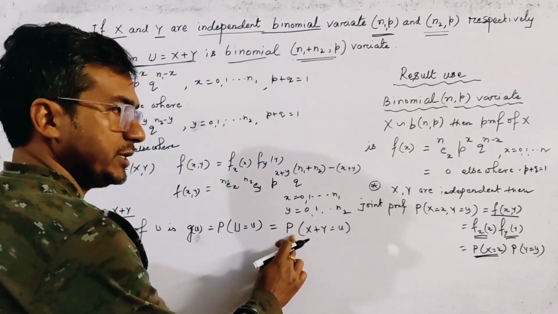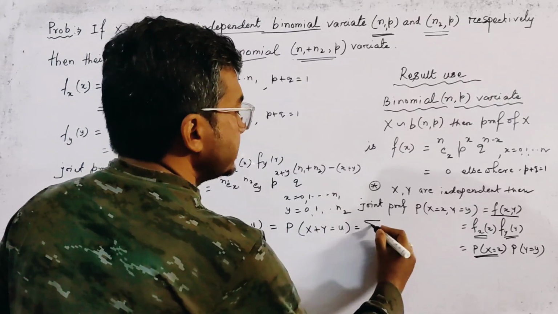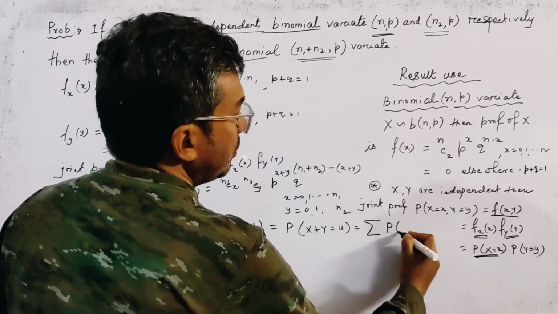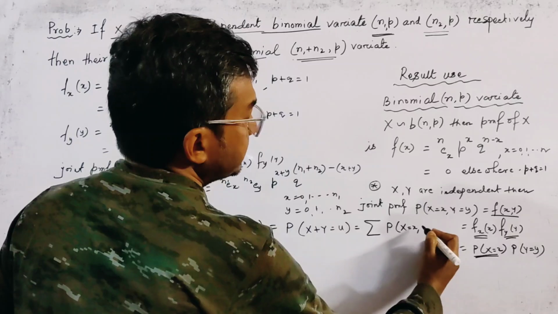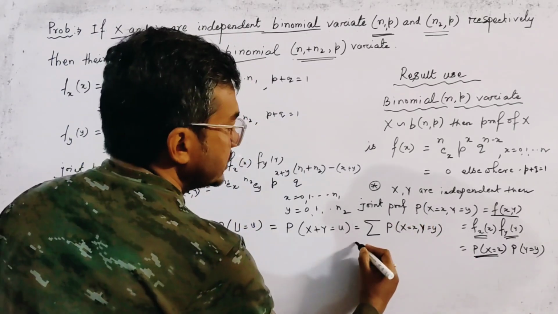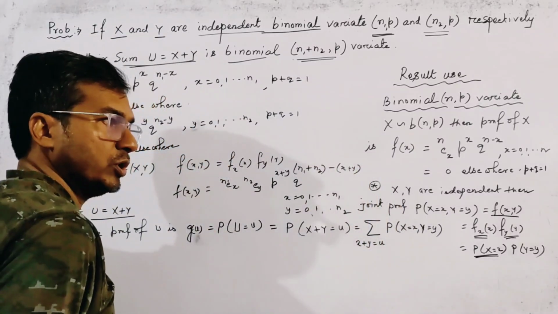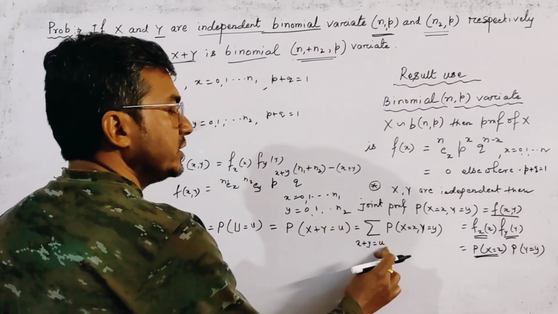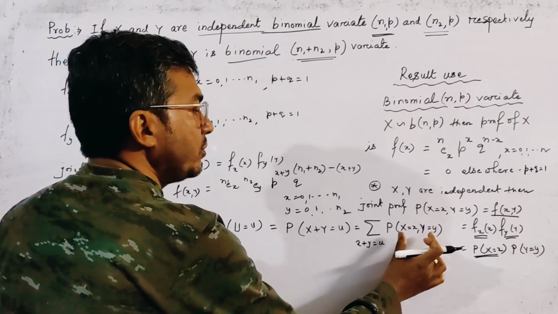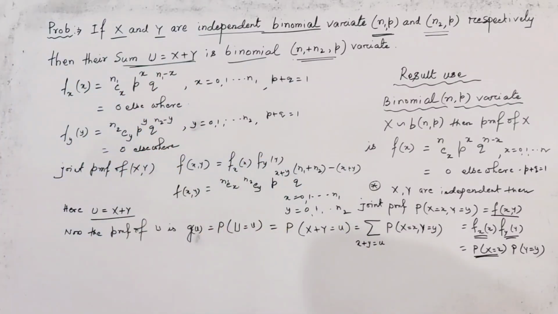Now this probability can be written as a summation of the probability of X equal to x and Y equal to y, where x plus y is equal to u. If we take x plus y equal to u, we get the probability of this event.